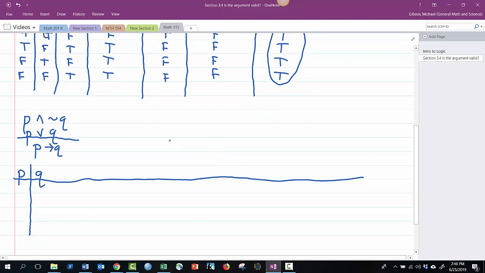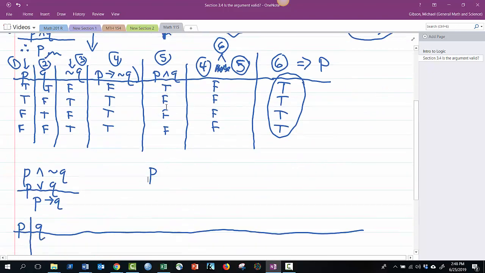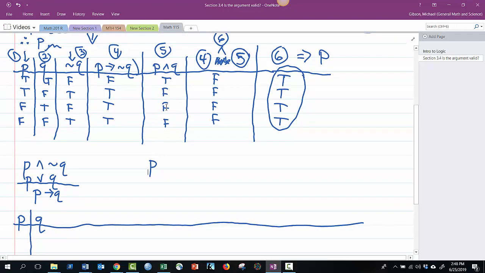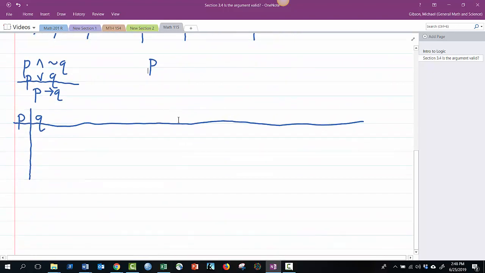So again, above the line, I have P, yes. So again, this first part is the same as last time, P and not Q, parenthesis. You've got to and them together.